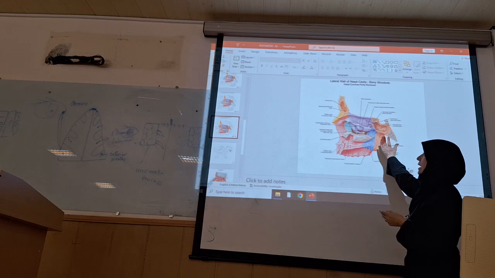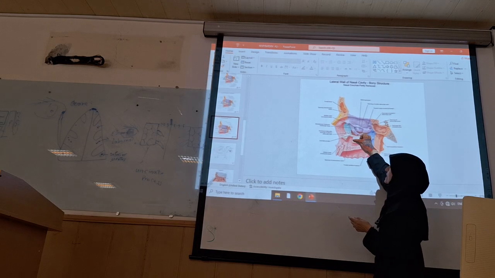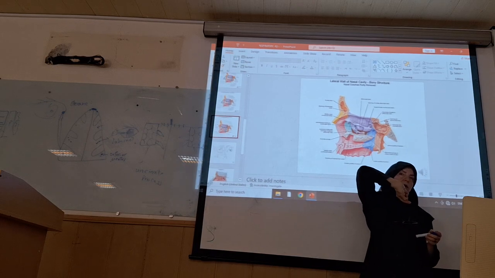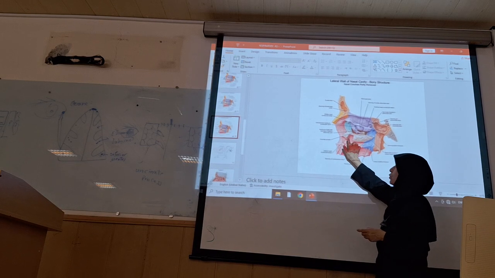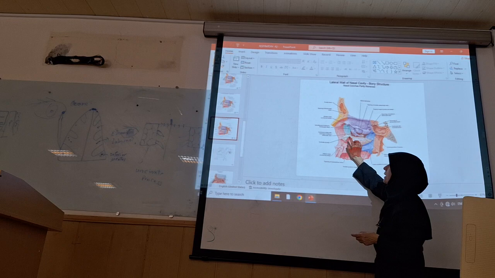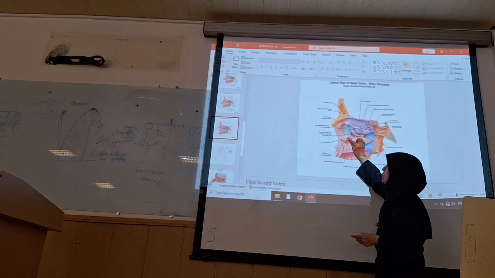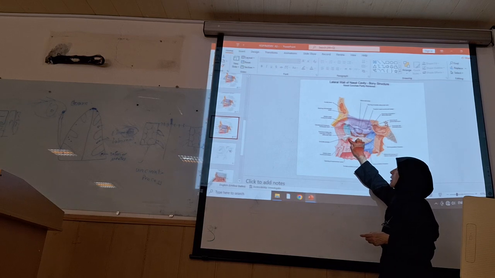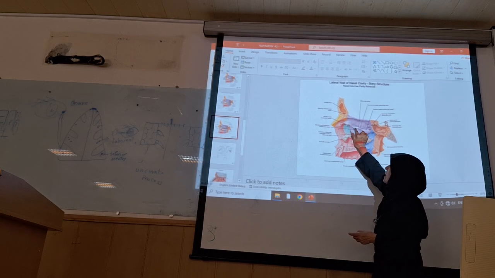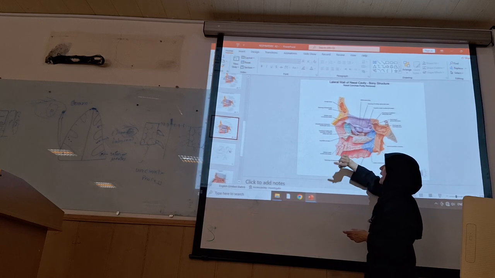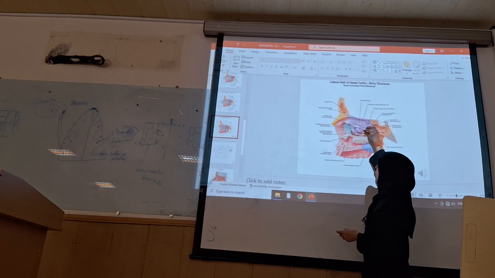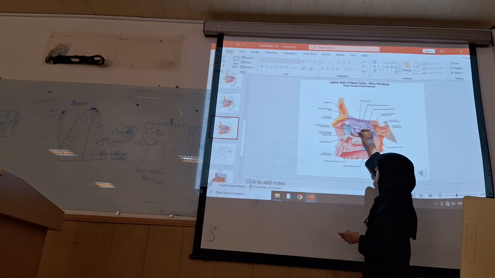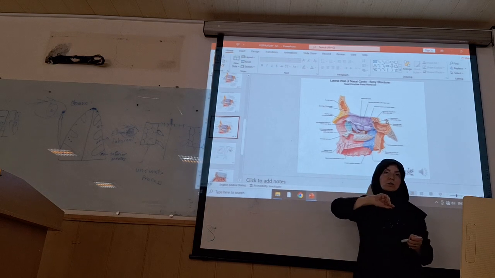In this picture, we cut a small portion of the inferior concha to be able to show you the inferior opening of the nasolacrimal duct. We cut the middle concha to be able to show you all of the structures inside of the middle meatus.